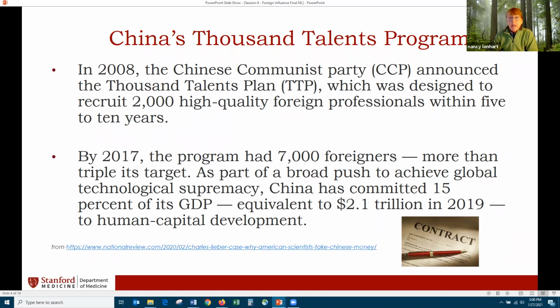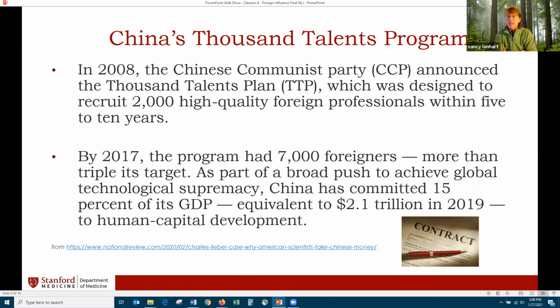And as you can see, they have committed 15% of their GDP, the equivalent of $2.1 trillion in 2019, to this effort. That is a tremendous amount of money. And that too created the concerns that the NIH was wanting to address.